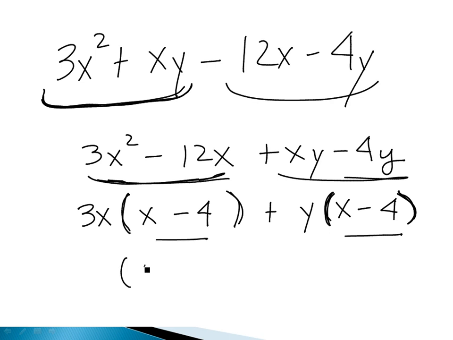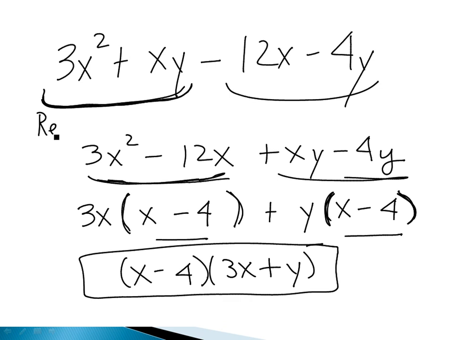So we'll take out the x minus 4, and we're left with 3x plus y. So for this particular problem, you could have done it both ways. I rearranged the terms, but you don't have to for this particular problem because it worked both ways.